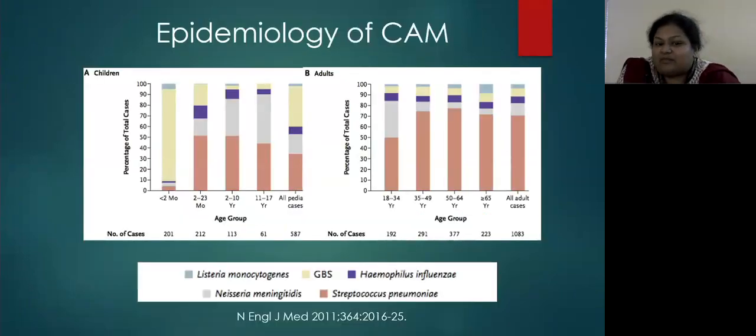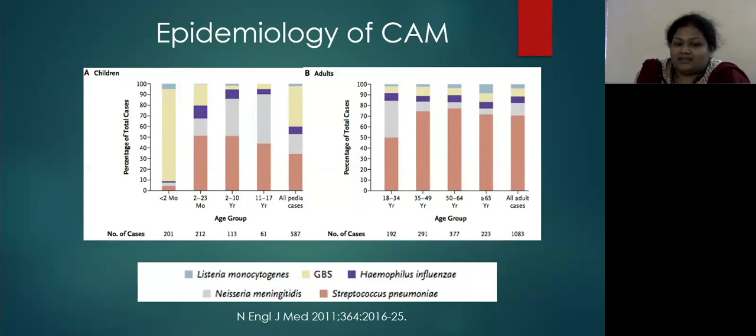Okay, this is the epidemiology of usual meningitis that we see. This is in the children, the first one, while the second one is in the adults. If you see the large group in the children, it is actually group B streptococcus, which is what our case also had.